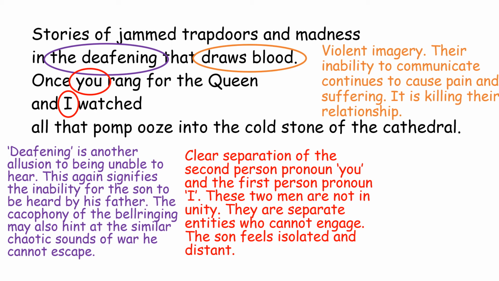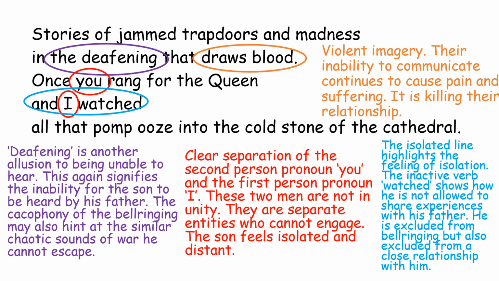The son feels isolated and distant, and you can see that through the use of pronouns in these final 3 lines. We could link that really clearly to Emyr Humphreys' poem. Throughout the poem, Emyr Humphreys uses the word you instead of me or I. And that seems to be deliberate in showing that there is a disconnect between them in their relationship.